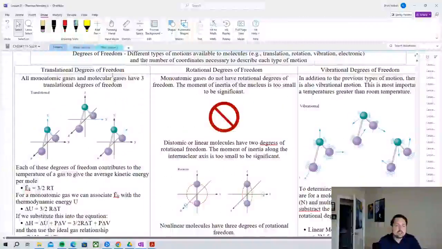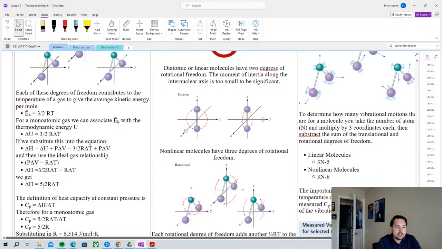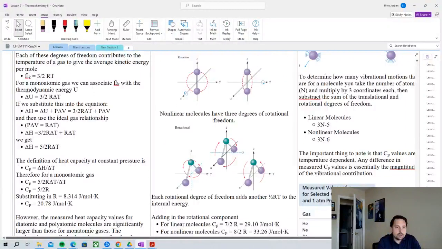But for the translational degrees of freedom, we have x, y, and z coordinates, and we can define heat capacity as the change in heat per change in temperature, or the enthalpy change per change in temperature. And we'll find that for a monoatomic gas, the specific heat value comes out to be 5/2 R. And the gas constant R, when written in joules per mole Kelvin, is 8.314.